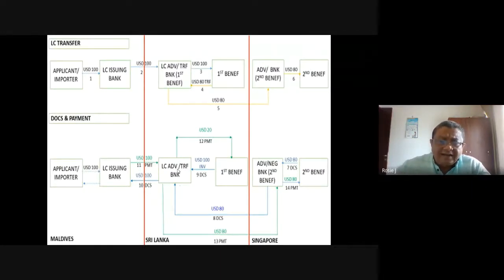Another thing. When transferring the LC, see, the LC has come to People's Bank, where the beneficiary is the parent company and the applicant is the Maldivian. If they transfer the LC like that directly to the Singaporean, the Singaporean will see, oh, the applicant is Maldives.